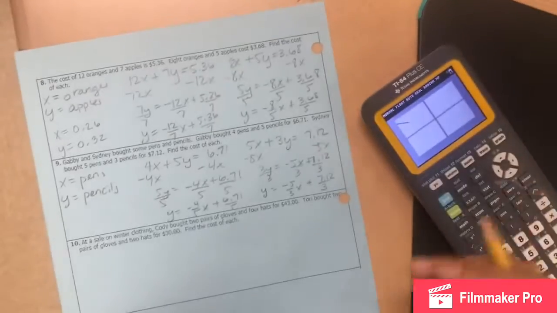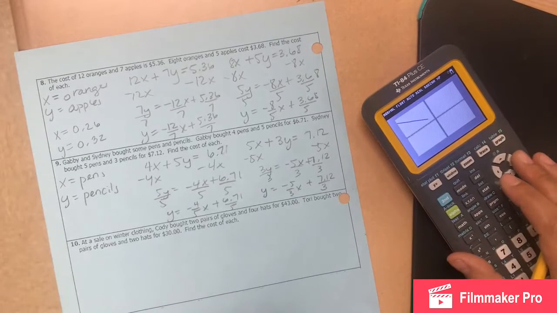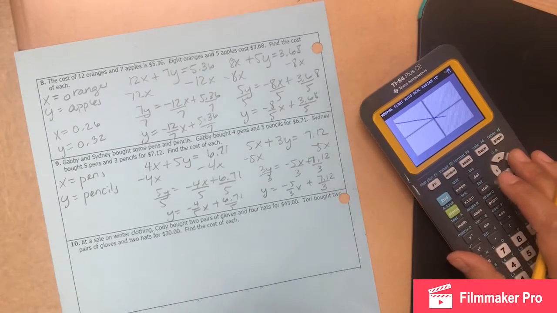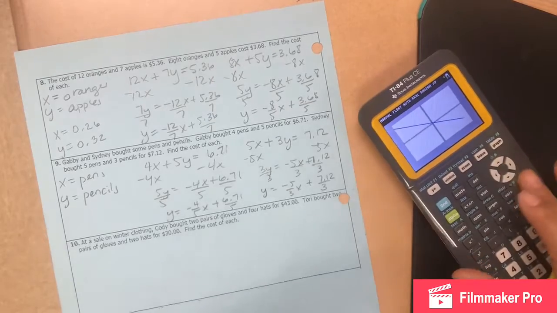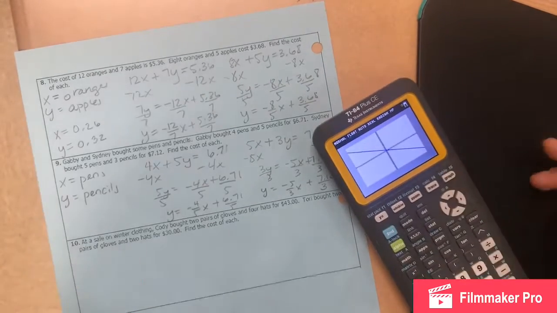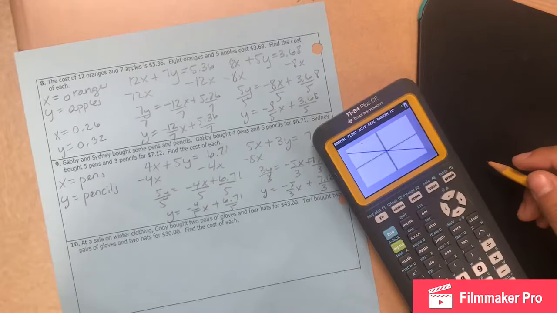Let it graph because it will take some time. Maybe not as much time. Part of being patient is letting the calculator load. But hey, if we had to do this by hand, it would take an astronomical amount of time. Okay, maybe not that bad.